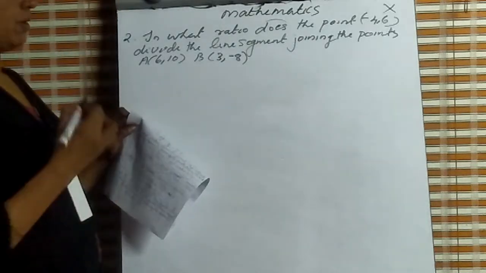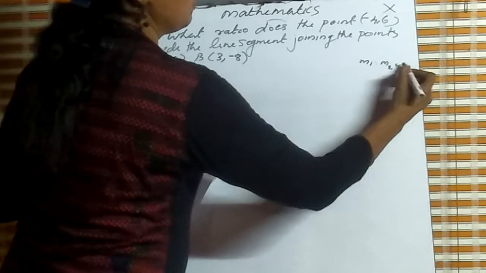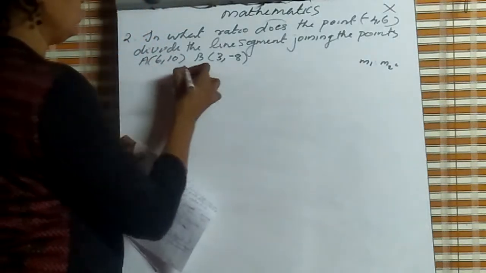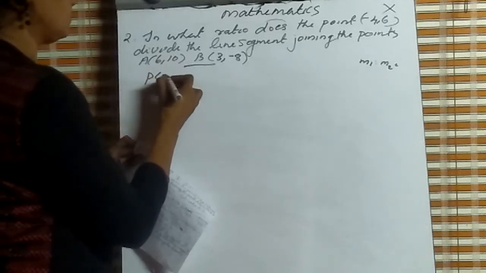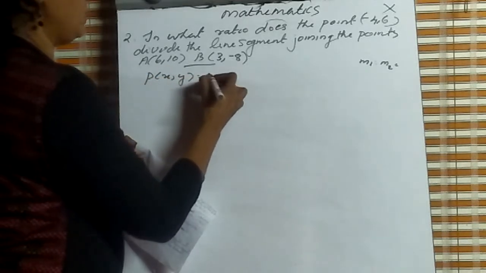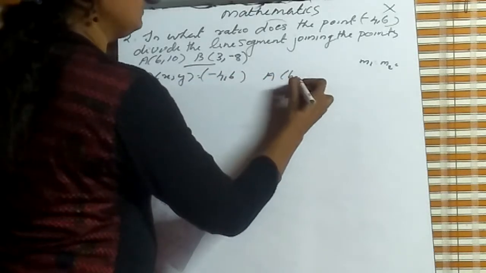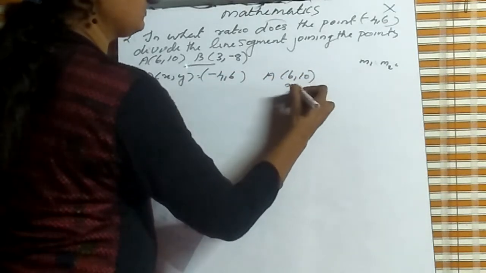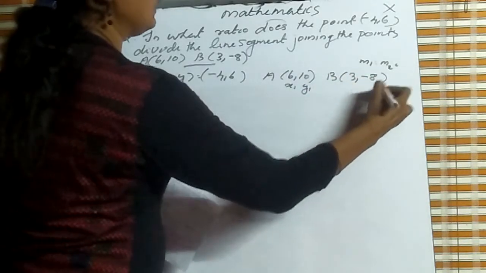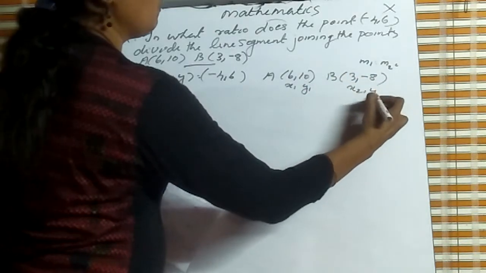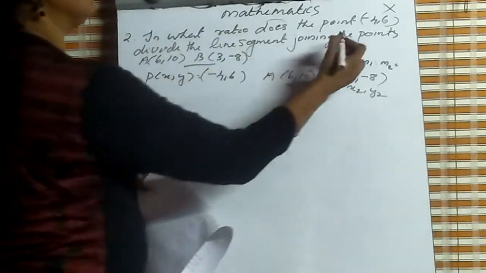Here we have to find the ratio. Ratio means m1 is to m2. The point P(x, y) is equal to (minus 4, 6), and A is the point (6, 10), it is (x1, y1). B is the point (3, minus 8), it is (x2, y2).